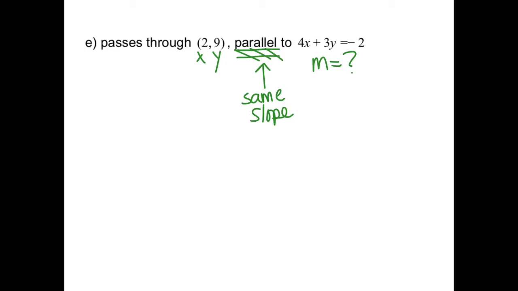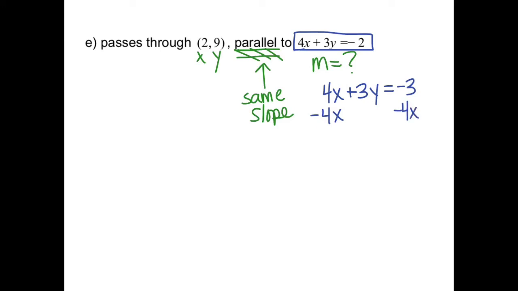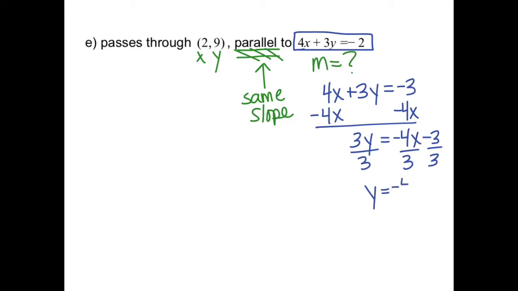The thing to notice here is that this 4x plus 3y equals -2 is not in slope-intercept form, so I actually have to do some work to get y by itself so that I can get my m value. There's no way for us to simply look at that original equation and know what m equals.